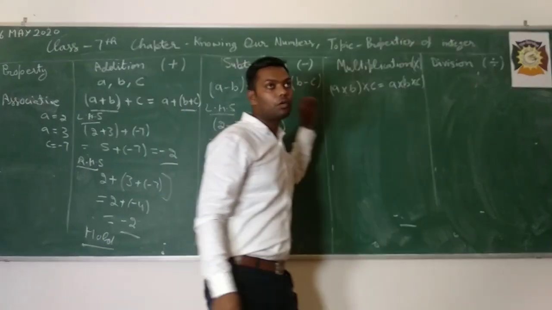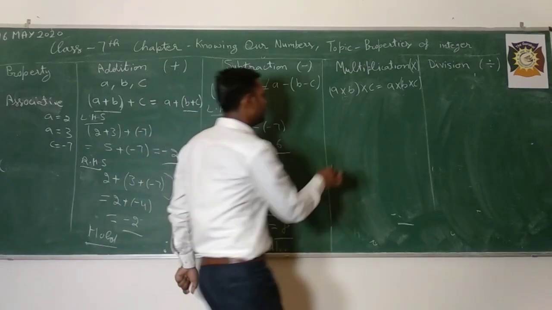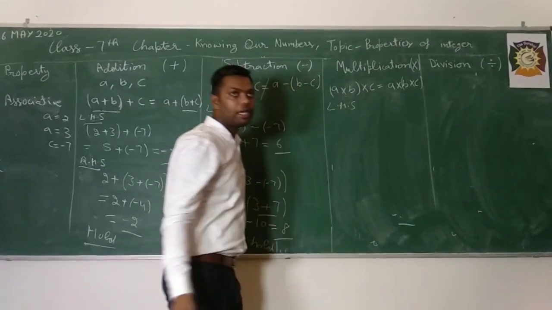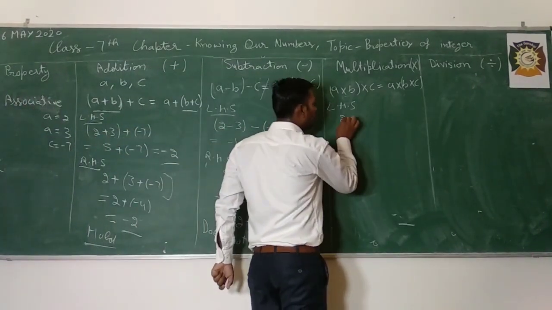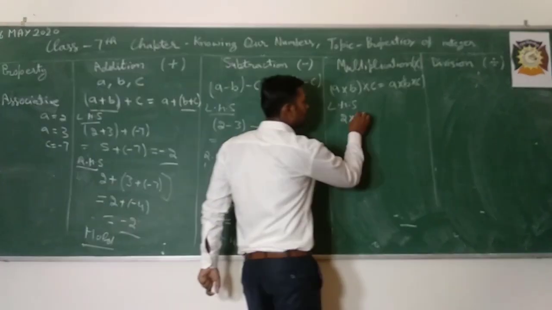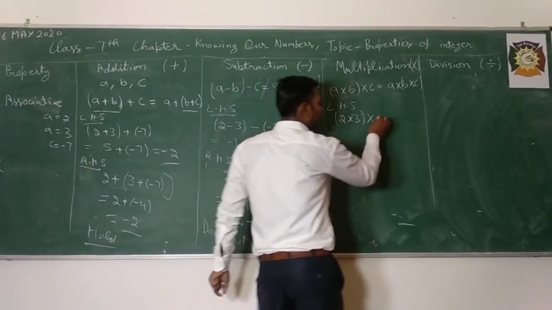Change their group. What do we get? Try with the same example. Left hand side, put a equal to 2, b equal to 3 and c equal to minus 7.